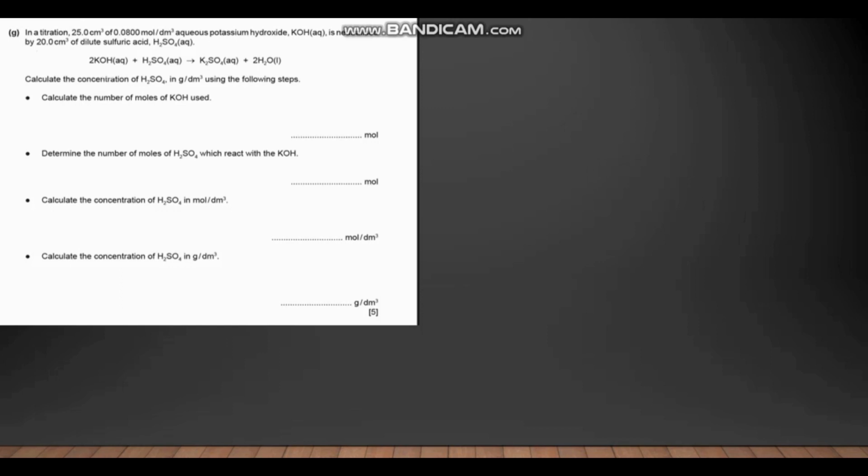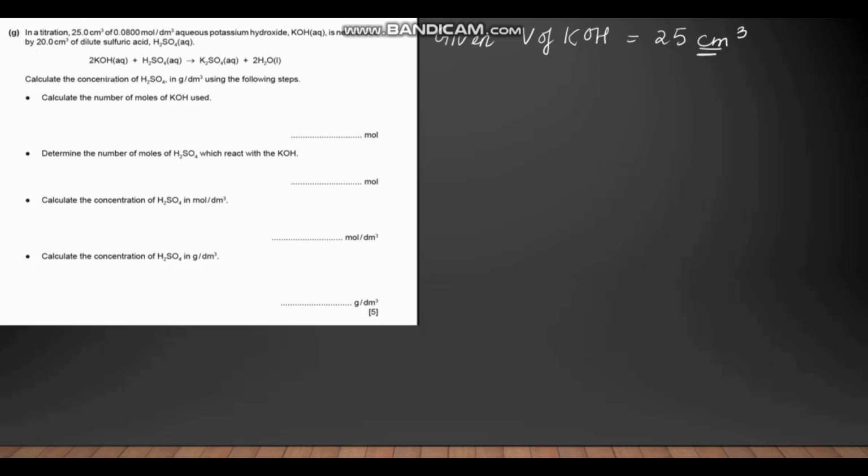Now, in this particular question, first of all, let me find out what is given already. The given conditions are that I have the volume of KOH. From the unit, I can very easily identify that the volume of KOH is 25 centimeter cube.